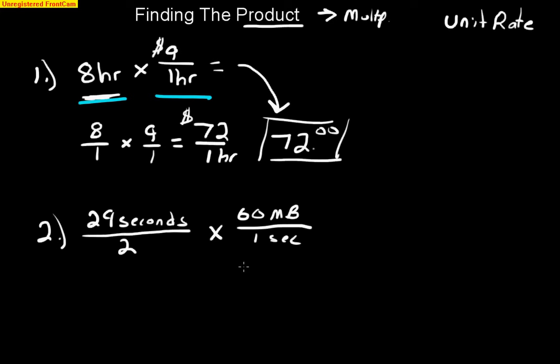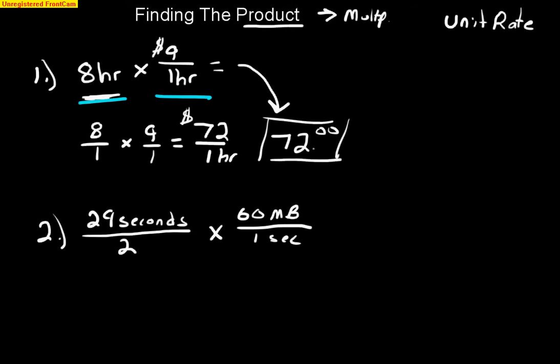If we're going to find the product of that, it just means that we have to multiply across the top and the bottom. Now, there's a shortcut, and we haven't been using it much, but we need to start implementing that. You've done it before, and that is cross-canceling. When you're multiplying or dividing fractions, you can cross-cancel, and it makes it easier so you don't have to simplify as much at the end.